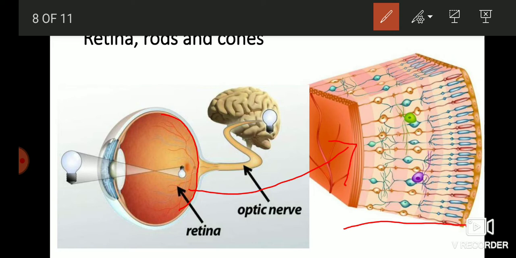When the image of the object falls on the retina, the optic nerve sends an electric signal to the brain, and we can identify or recognize the object.